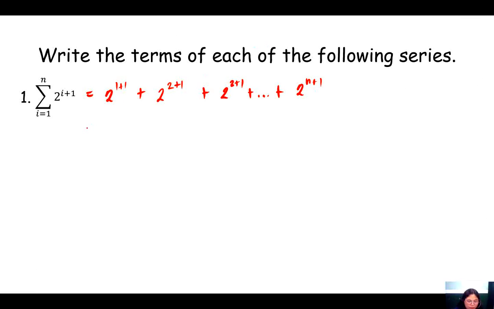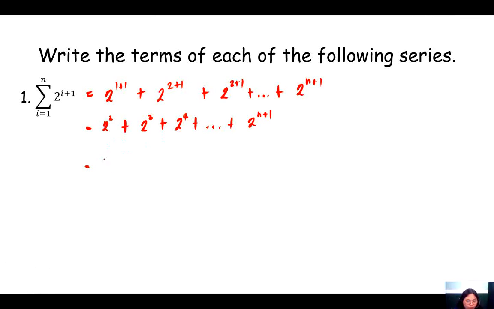Then let's simplify. 1 plus 1 is 2, so 2 raised to 2, plus 2 plus 1 is 3, so 2 raised to 3, plus 3 plus 1 is 4, then it is 2 raised to 4, plus ellipsis plus 2 raised to n plus 1. It has a simplest form pa.